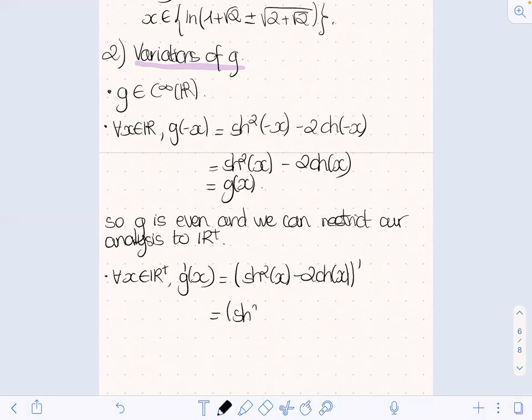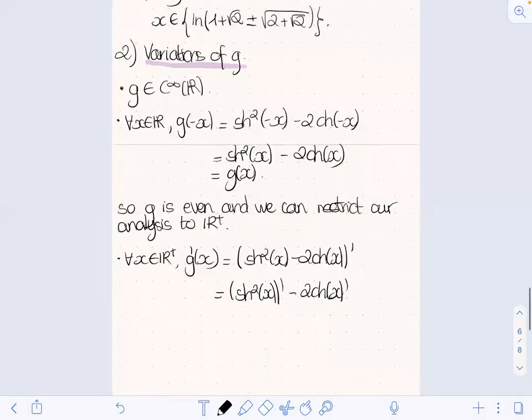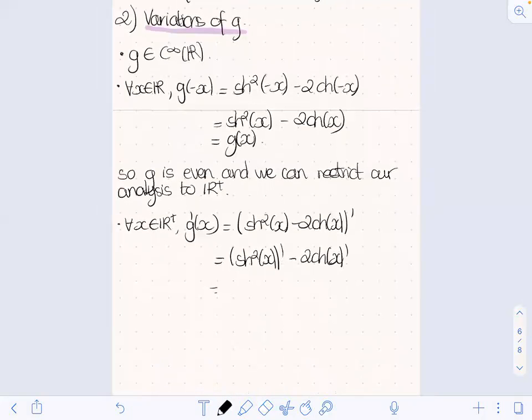I suppose the first step is you get a derivative of sh squared, and then you get minus 2 times the derivative of ch. We get sh of x times ch of x plus sh of x times ch of x minus 2 sh of x.